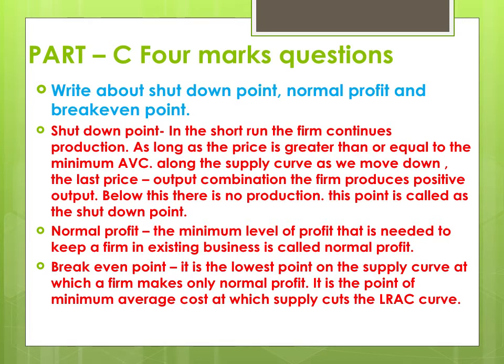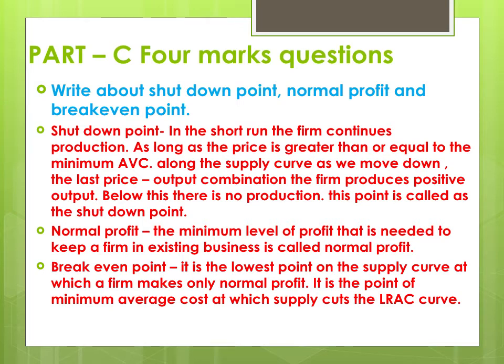Along the supply curve, as we move down to the last price-output combination, the firm produces positive output. Below this, there cannot be any production by the firm because it will run into losses. This point is called the shutdown point.